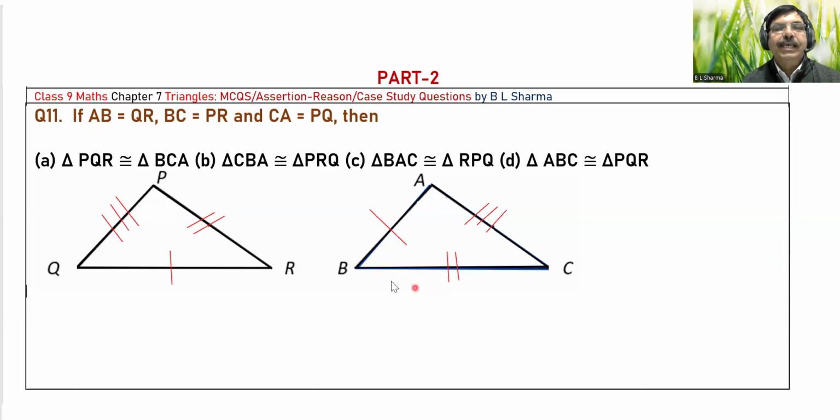Then here you will see in the triangle CBA, see here, double cross, single cross, third cross. It should be double cross, single cross, third cross. So triangle CBA is congruent to triangle PRQ. So B is the correct option.